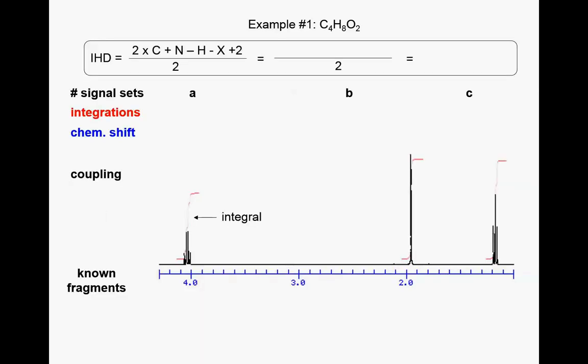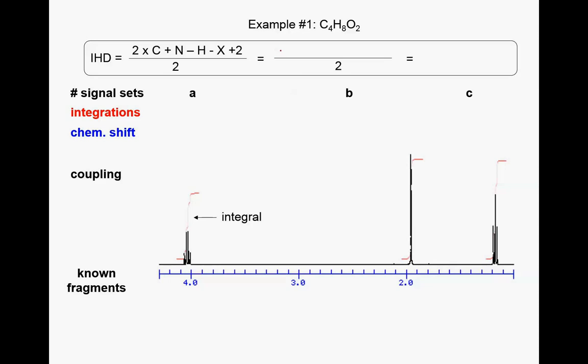So what you can see is you can be given something like this. Here's a spectrum, and in all cases, you're going to be given a molecular formula, and that's going to be really useful because we can plug that into our IHD formula to figure out how many rings or pi bonds there might be. So to start out, I'd look at our molecular formula at the top. We've got C4H8O2.